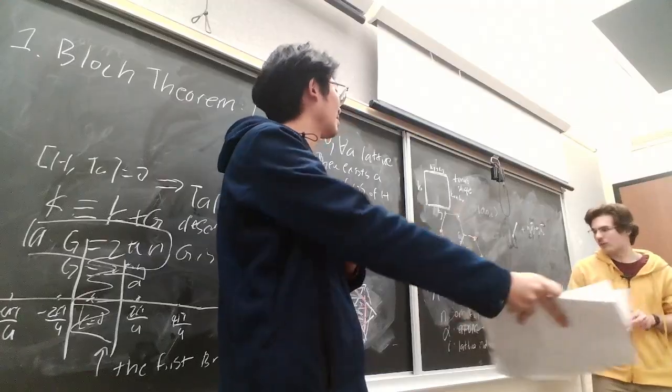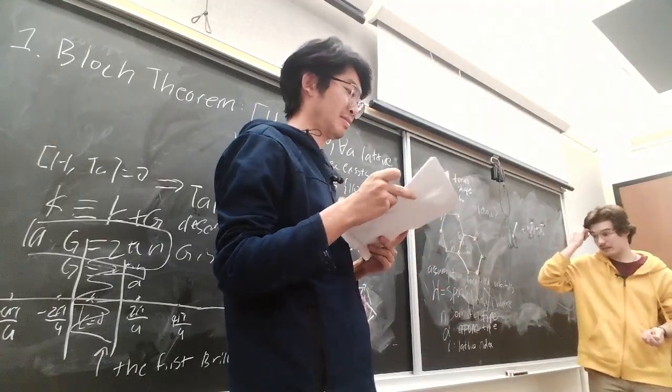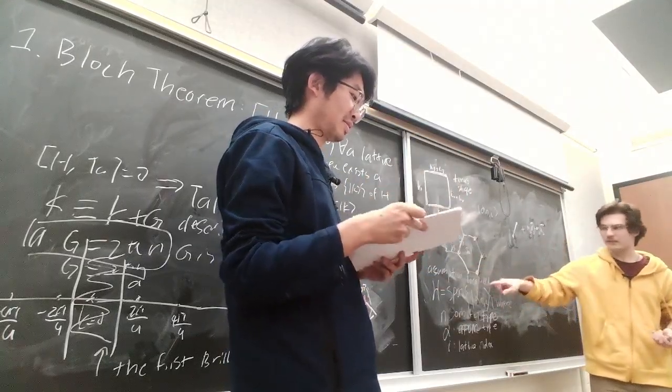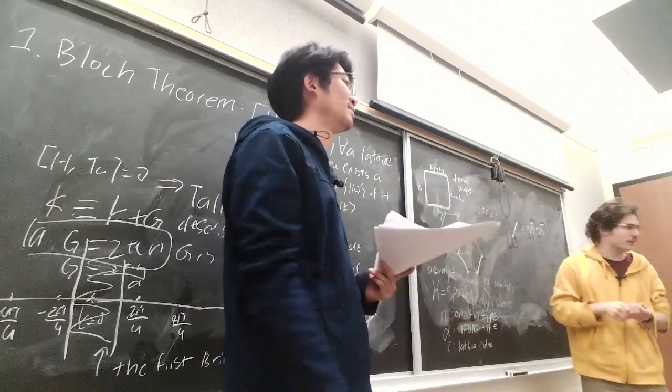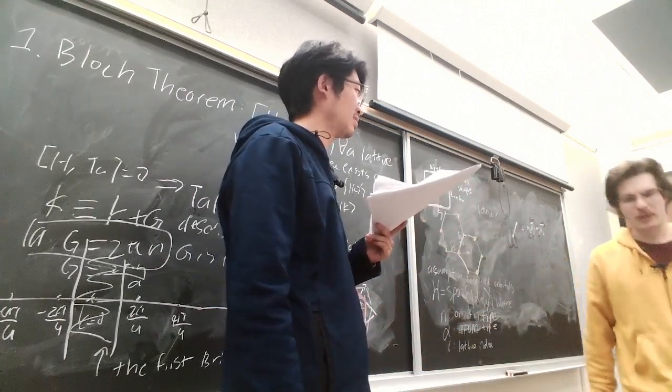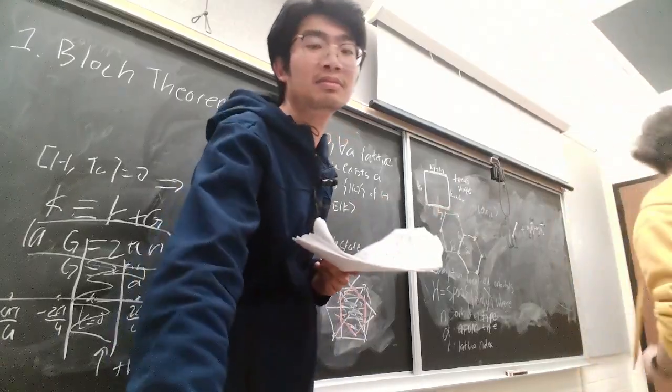Yeah. And so now I just say that the Hilbert space is these states, a wave function which is on these sites, and it's just the usual atomic orbital. Okay, keep going. Sorry.